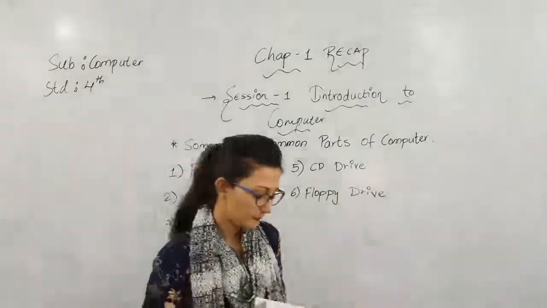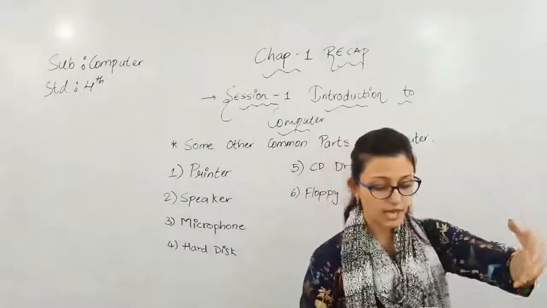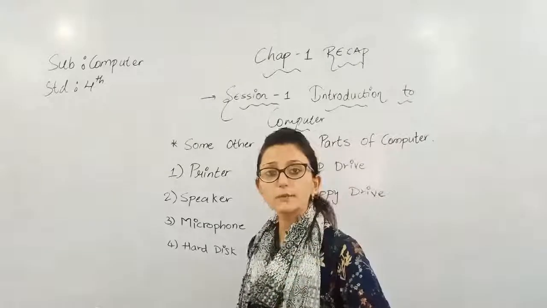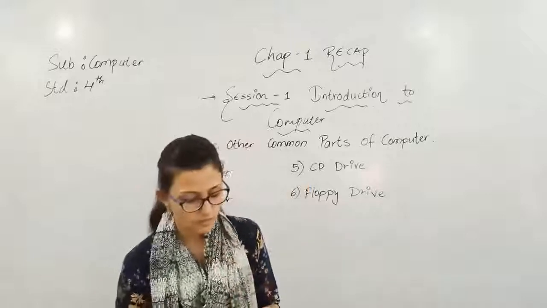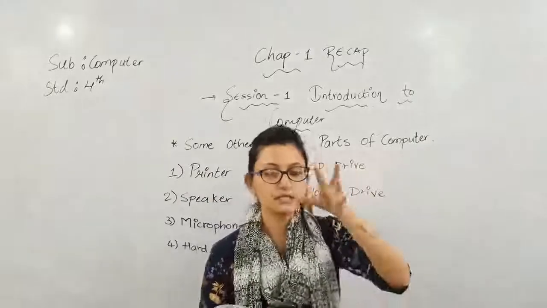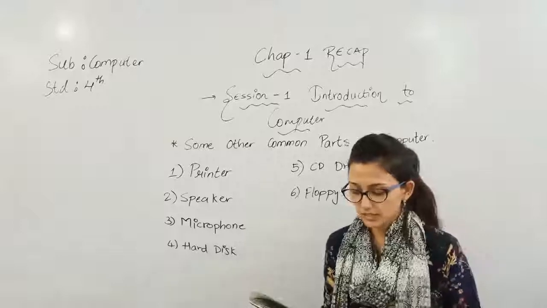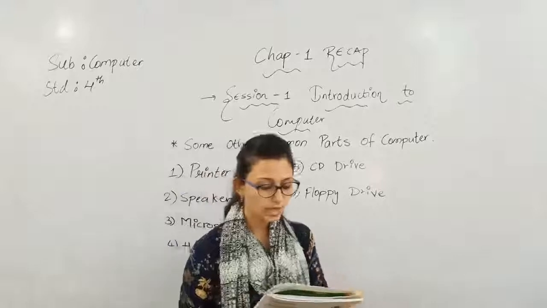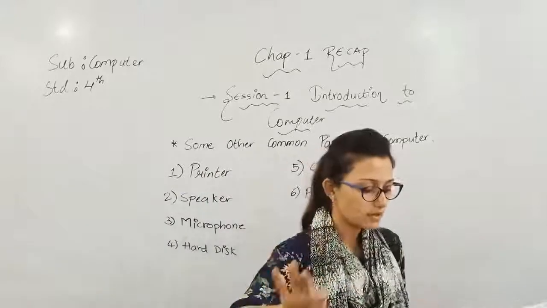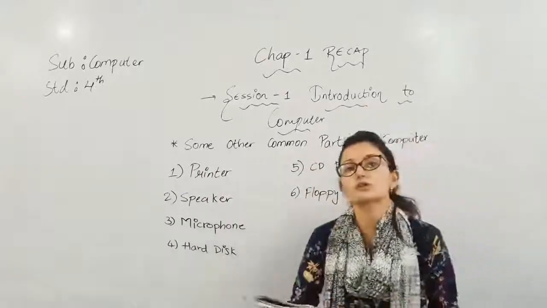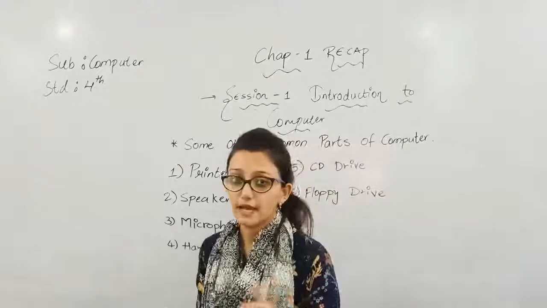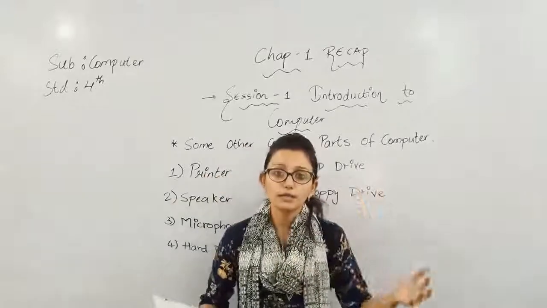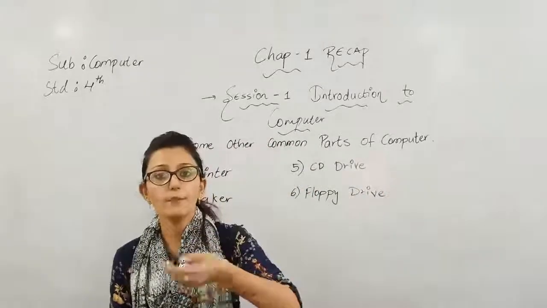A CD drive is a removable media storage which can be removed from the CPU. It is also known as CD-ROM, DVD, CD-R drives. They allow us to record information on a compact disc and to store data or save a file.